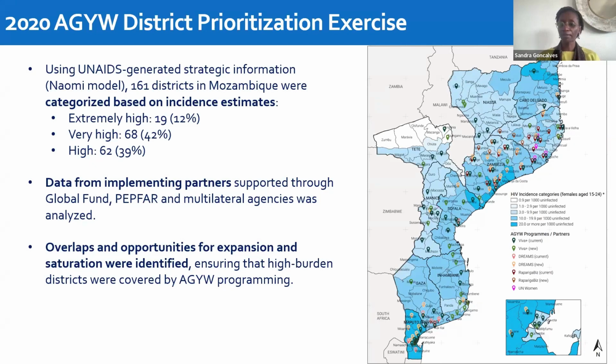And just looking at the map, you see the more darker blue districts. The country has a total of 161. So the more darker blue districts, some of them do not have the icon that shows a program or a partner presence. Next slide, please.